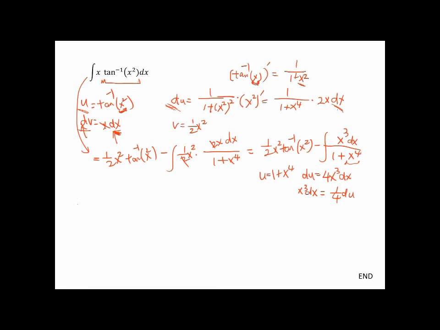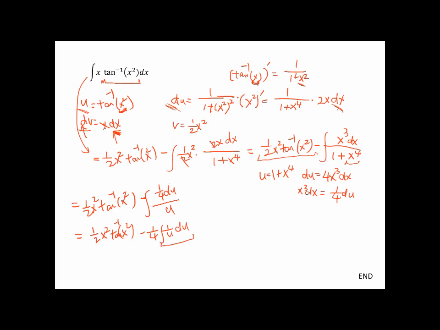du plug in, which equals 1/2 x squared arctangent x squared, copying this part, minus, the top is 1/4 du, the bottom is u, right? So rewrite it, 1/2 x squared arctangent x squared minus 1/4 times 1 over u du.